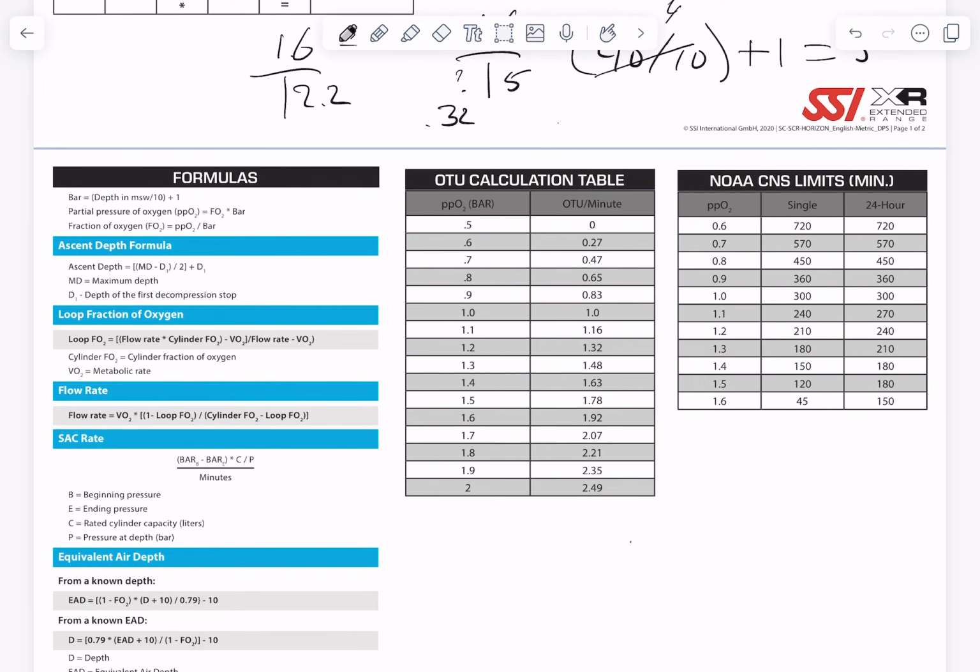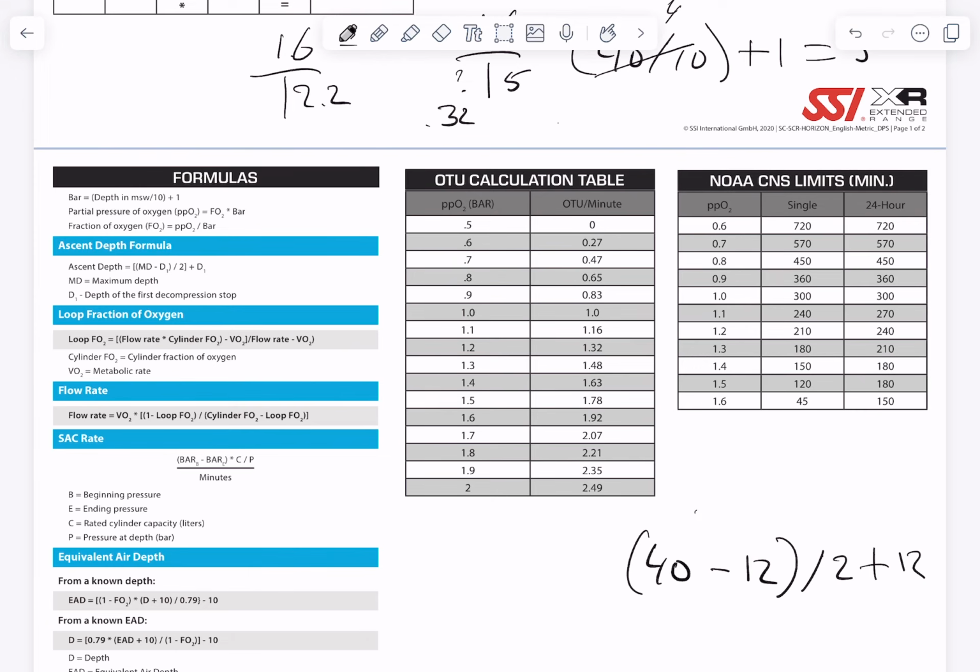There's another way, but let's use the SSI way. So if we know that we're going to 40 meters and our first deco stop is 12 meters. So if you look at the maximum depth, which is 40, and then minus your deco depth, which is 12, we do this one first, divided by 2, and then apparently plus your first deco stop again, which is 12.